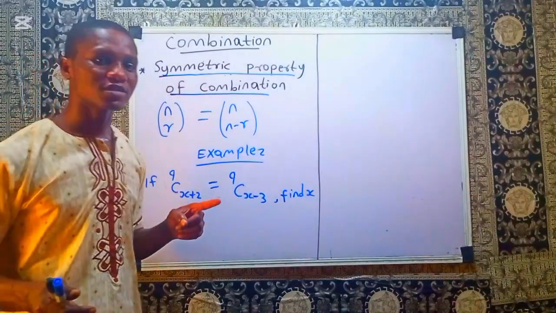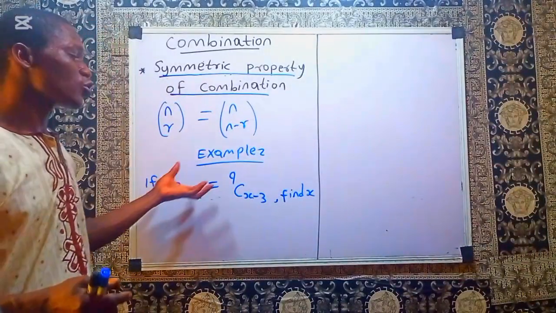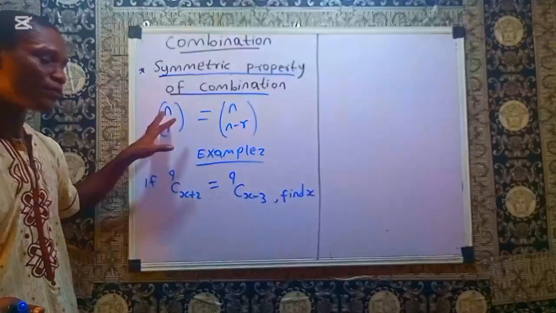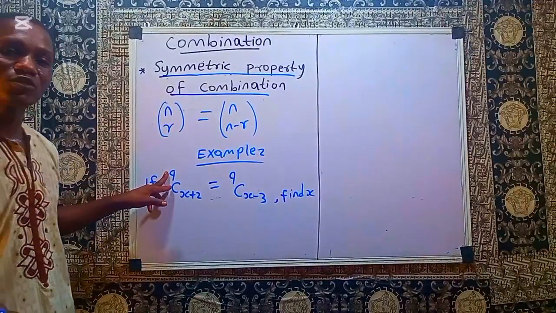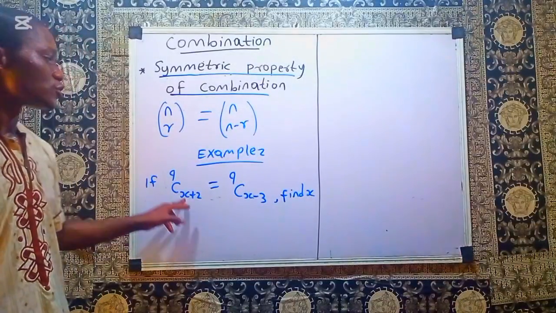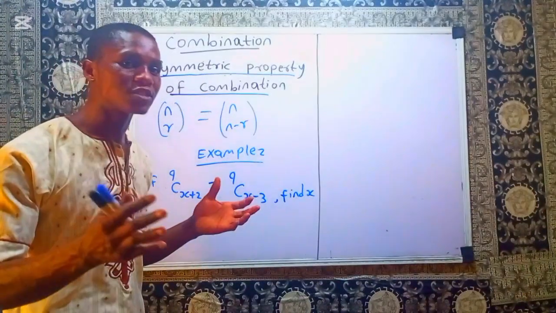9. In our previous class, I told you that you can represent your combination in this notation or in this bracket form. So what is up is always your n, and what is down is always your r.